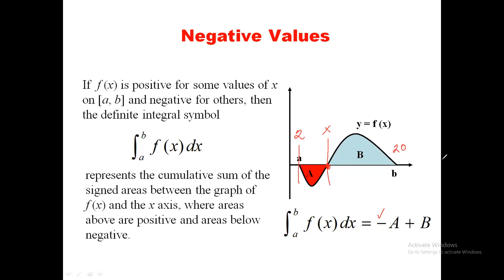What would you do? How will you find this x here? Because you do not know what this is, unless, of course, the illustration will make it specific. But most of the time it's not, you're the one who's going to determine it. How will you find the point of intersection of your function and the x-axis? Anybody?